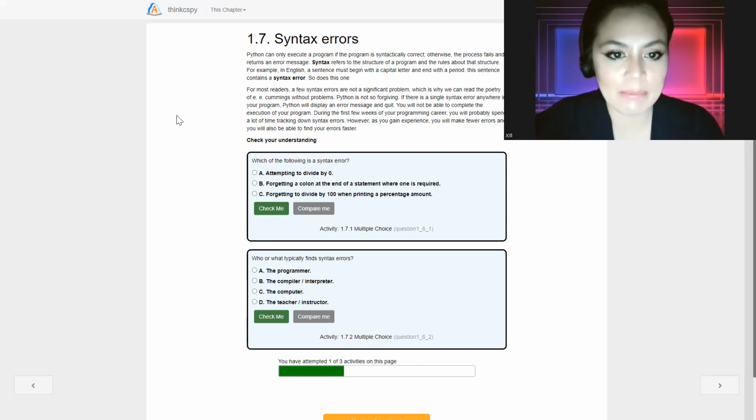You'll not be able to complete the execution of your program. During the first few weeks of your programming career, you'll probably spend a lot of time tracking down syntax errors. However, as you gain experience, you'll make fewer errors and you will also be able to find your errors faster.